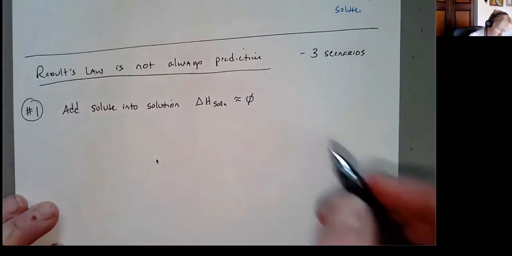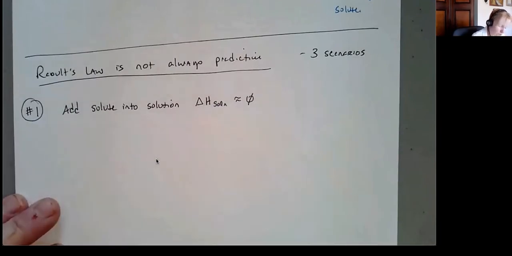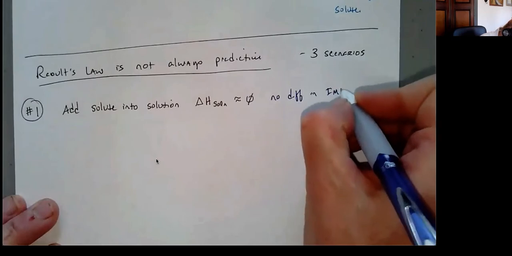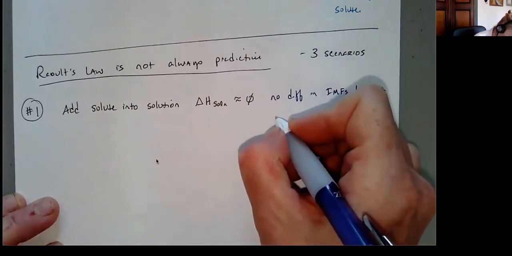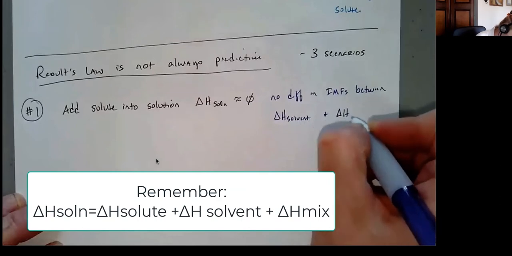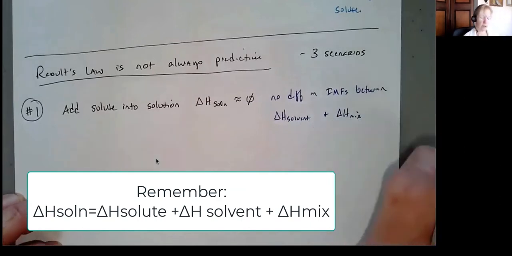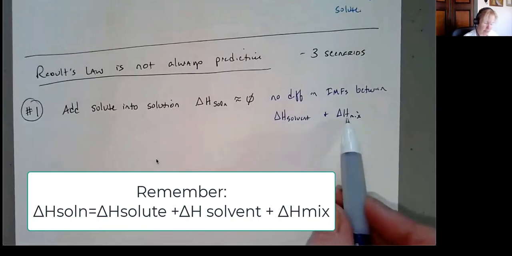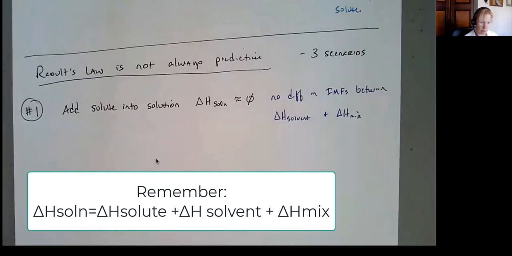Delta H of 0 means that there's no change, no difference in IMFs between the solvent, delta H of solvent, and delta H of mixture. So there's no significant difference in intermolecular forces there. That means that the intermolecular forces between the solvent molecules and the solute-solvent intermolecular forces are pretty much the same.